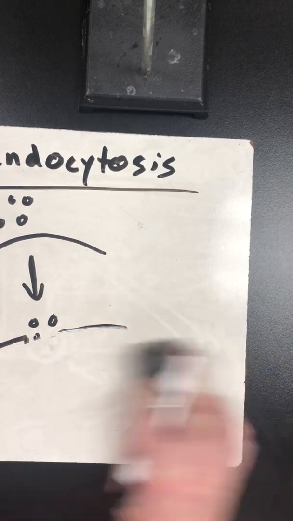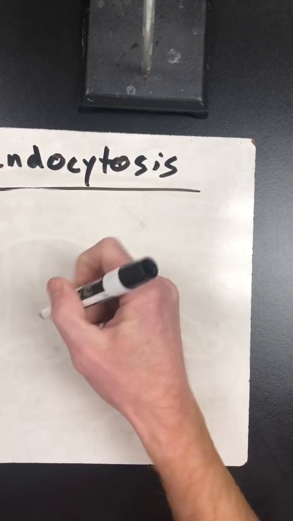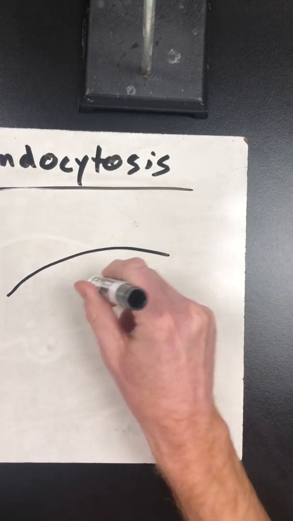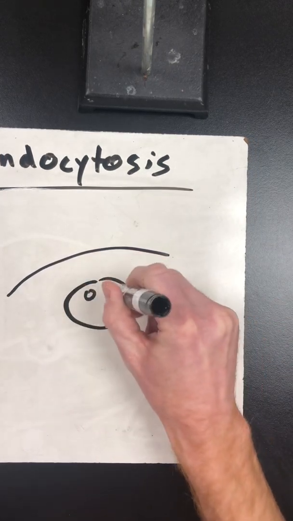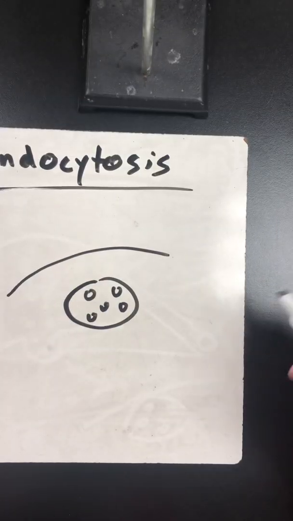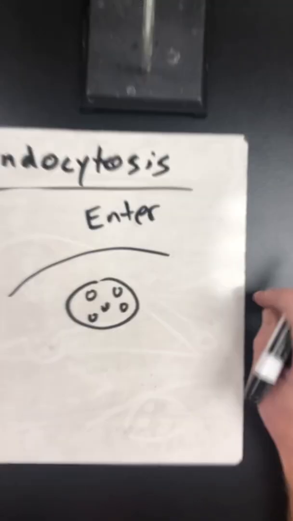So now let me draw the end result here for endocytosis. Basically, I end up with a fully repaired cell membrane, and then I have a vesicle floating around the cell that contains those particles within it. All right? That's endocytosis. Remember, things entering the cell, and this takes energy.